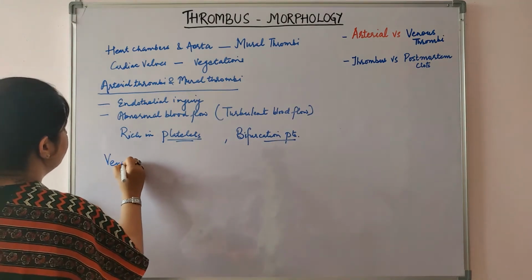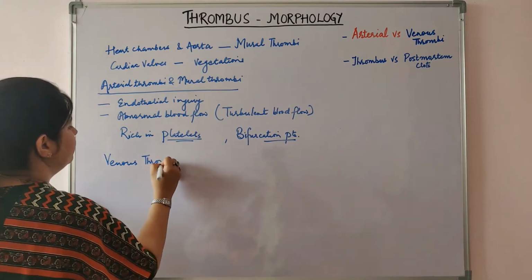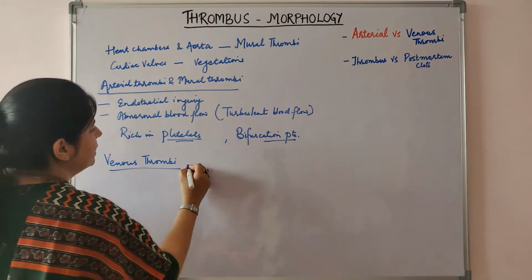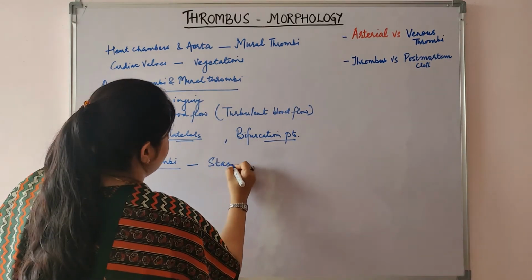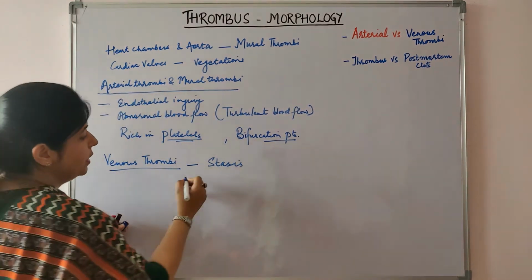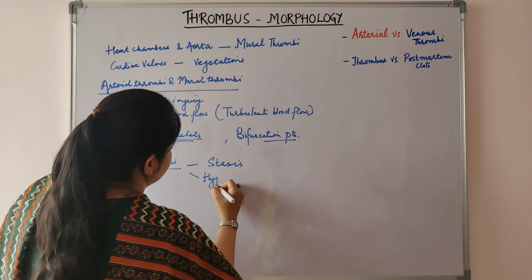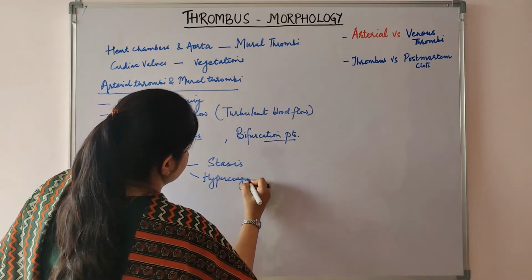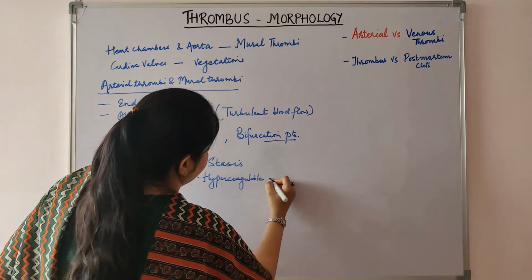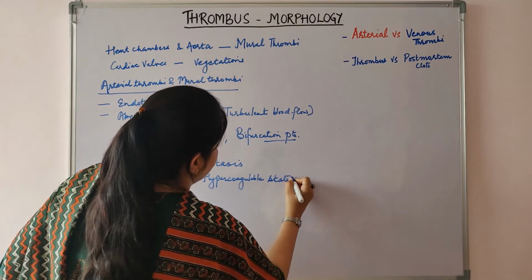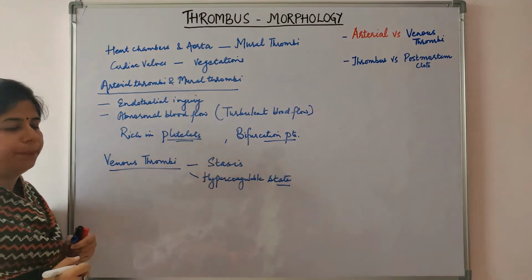Whereas in venous thrombi, the predisposing factor is stasis of blood, and also hypercoagulable state is an important risk factor for venous thrombi.